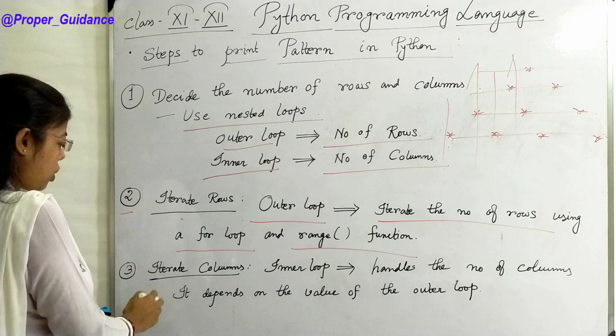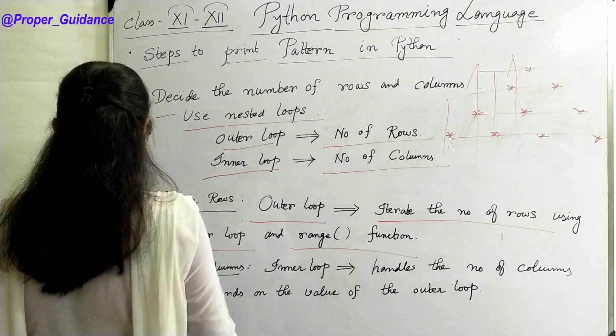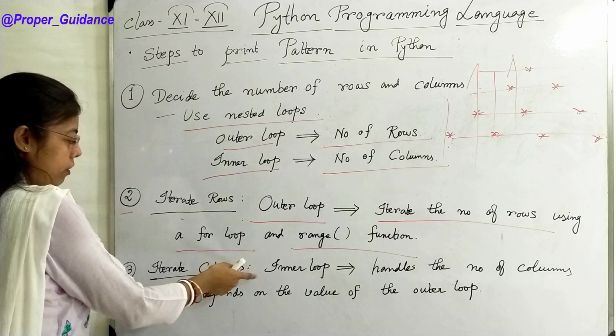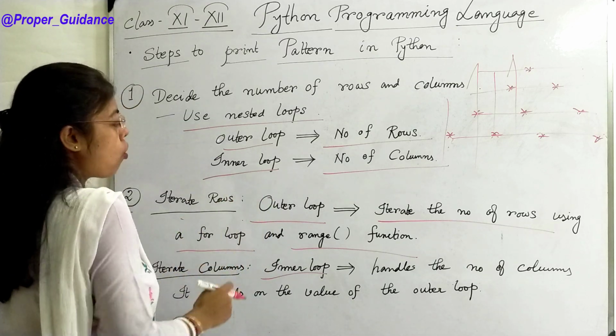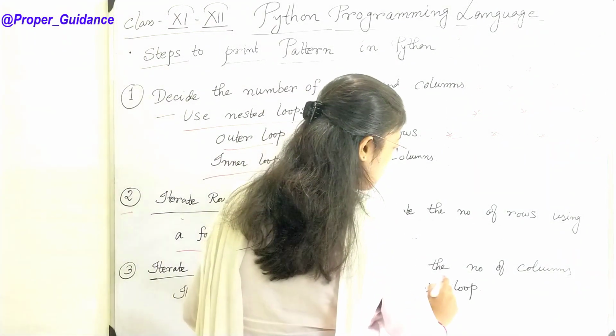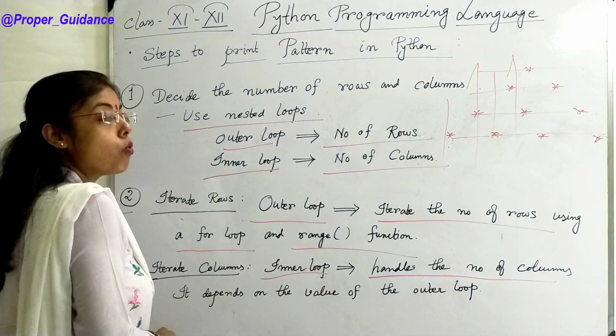Next, iterate columns. When we iterate rows, we also have to iterate columns. The inner loop helps you iterate columns because it handles the number of columns. It depends on the value of the outer loop.